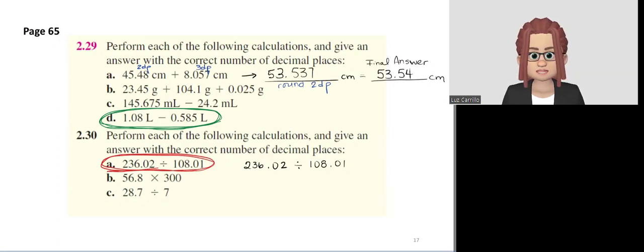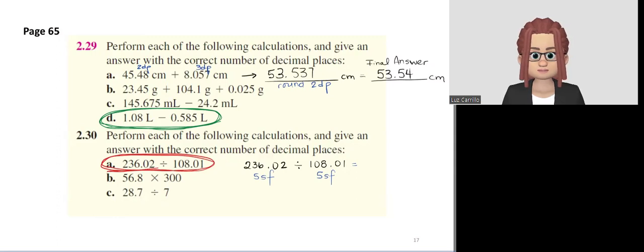For the digits on letter A, the first numbers have 5 significant figures, while the next set of digits have also 5 significant figures. Let's just put all of these numbers in the calculator. We have 236.02 divided by 108.01.